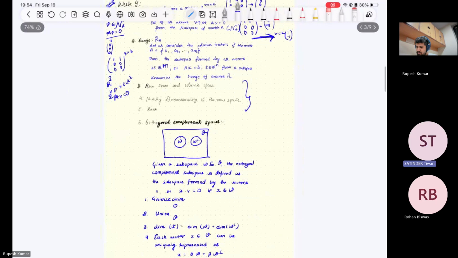You have taken the example just now. Can we rewrite that one again in the form of 3 cross 2 so that the picture will be clearer? I think you are making it 3 cross 3 by adding zeros only. Can we remove the zero and think of that part?